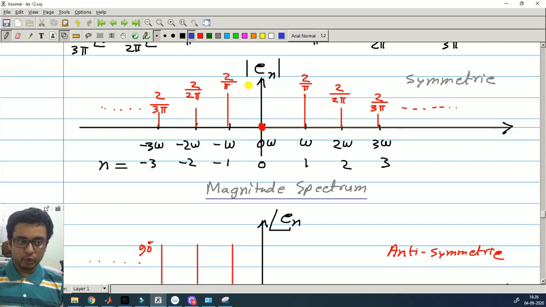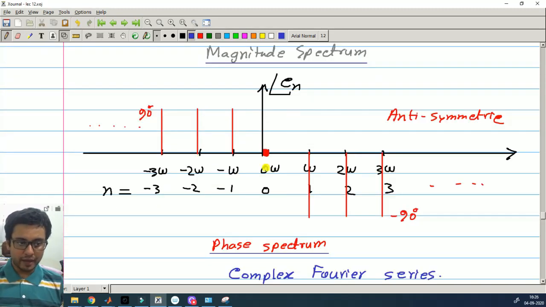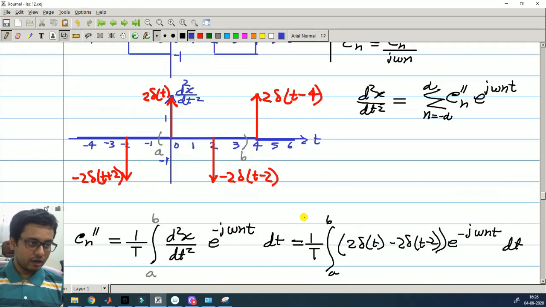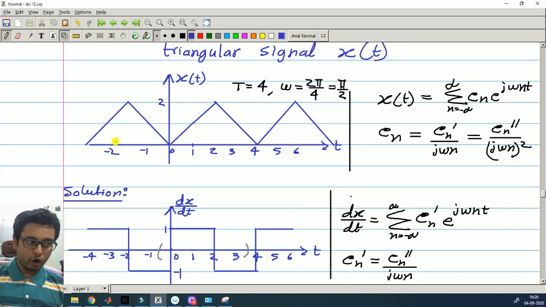Now you can plot magnitude spectrum and phase spectrum for any periodic signal, so I will leave it as homework for you to plot the magnitude and phase spectrum of this triangular wave.